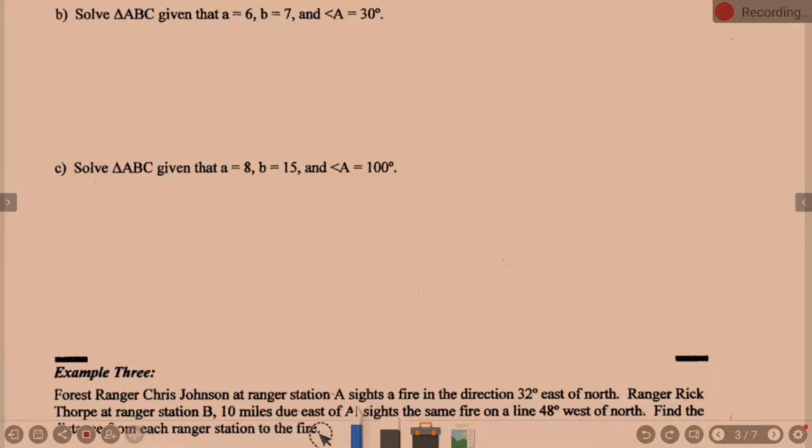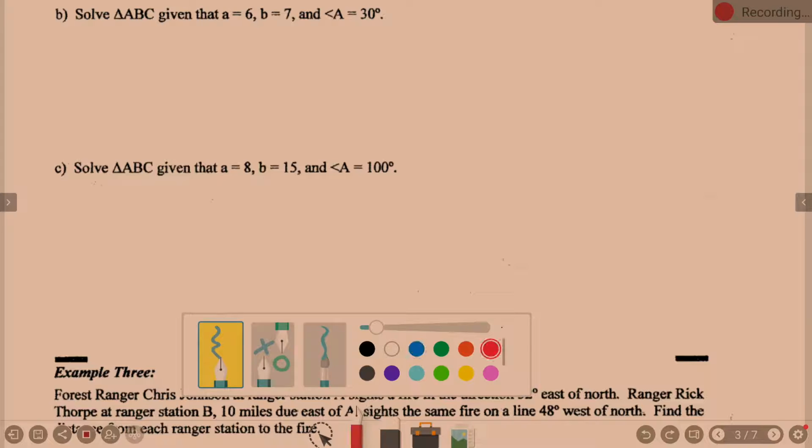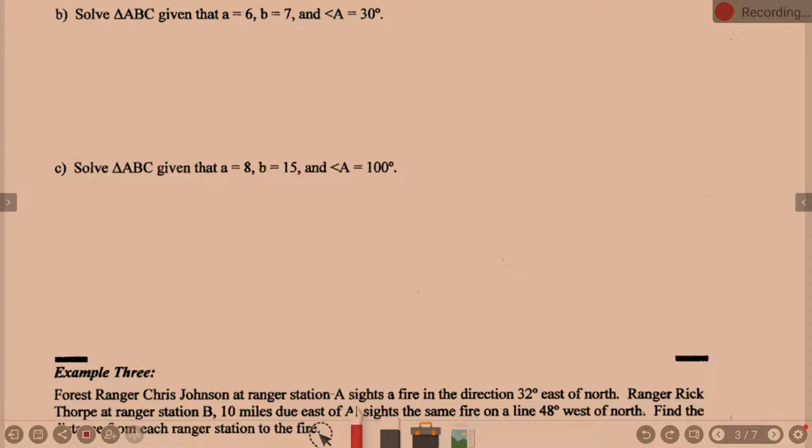example B. Solve triangle ABC, given that side A is 6, side B is 7, and angle A is 30 degrees. I'm going to draw a similar triangle to what I drew last time.